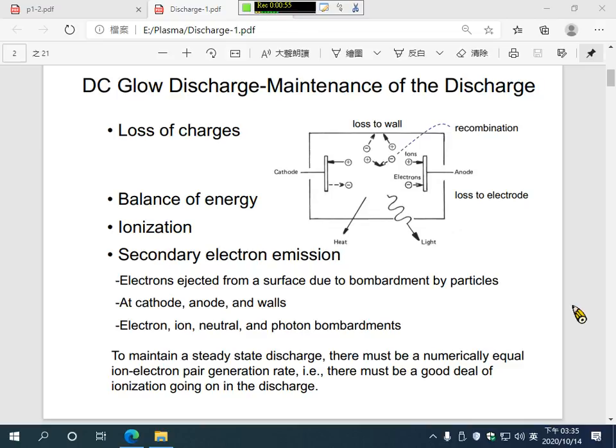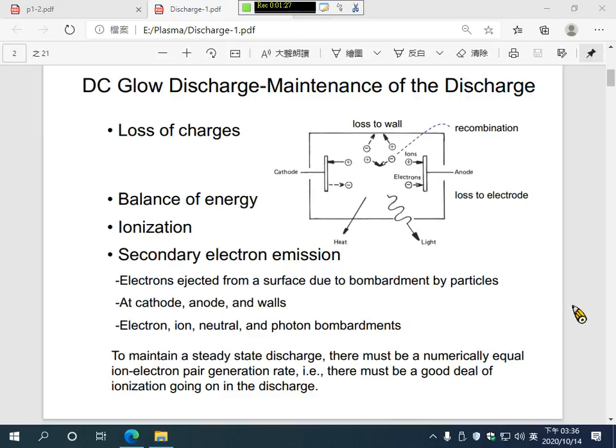In order to keep the discharge as a stable condition, one needs to apply a DC bias voltage between cathode and anode, and also adjust the pressure in the system to a certain range, so that the plasma can be initiated and can sustain for a long time.